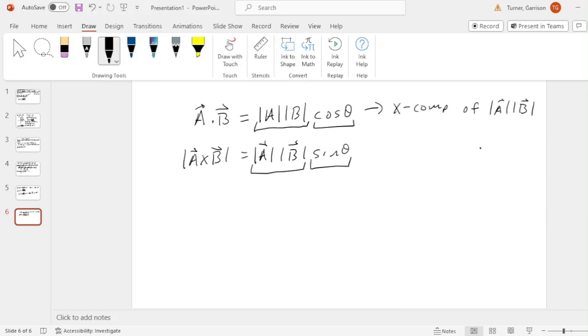If I multiply magnitude A times magnitude B, then the dot product gives me the x component of that, and the cross product gives me the y component of the product of the magnitudes.